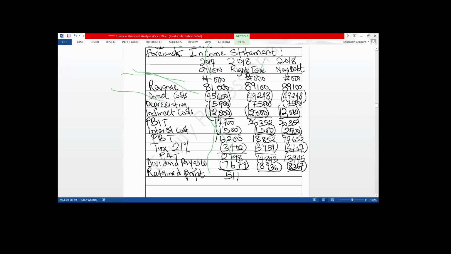For the rights issue, 5,... For the new debt, 5,578.